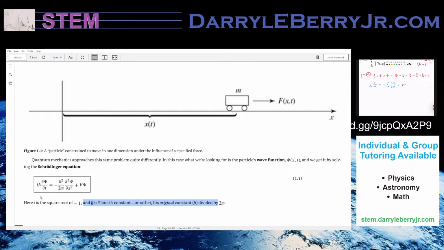Let me make this a capital psi, since that one is capital. So now we have i h bar, the partial derivative with respect to t of big Psi, equals negative h bar squared over 2m, the second derivative with respect to x of big Psi, plus the potential times Psi. And this is equation 1.1, so ironically they started with the Schrodinger equation.